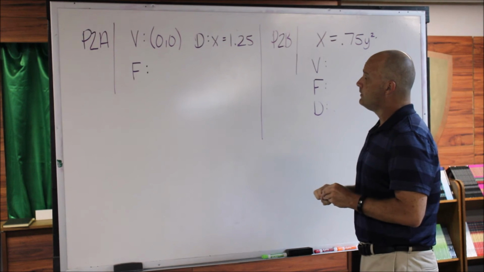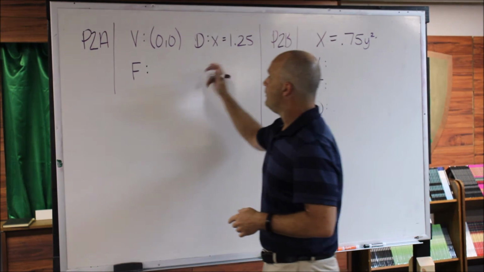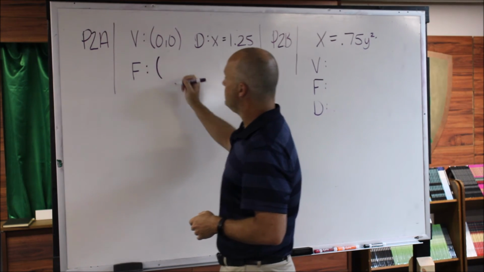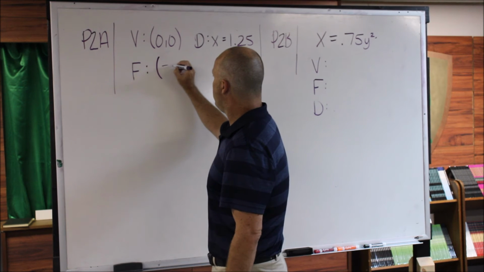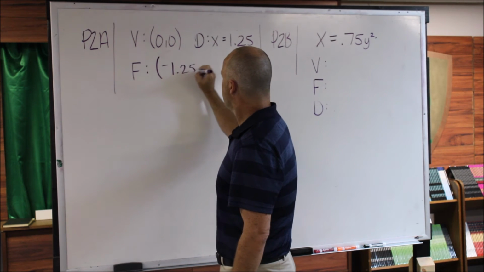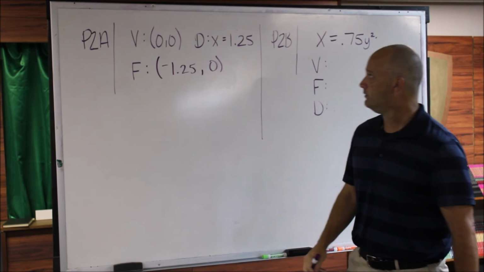Now, since we do have the directrix, we can figure out what the focus is. But this time the focus is going to be, again, because it's on the x-axis, negative 1.25. And then the y value is going to be 0.